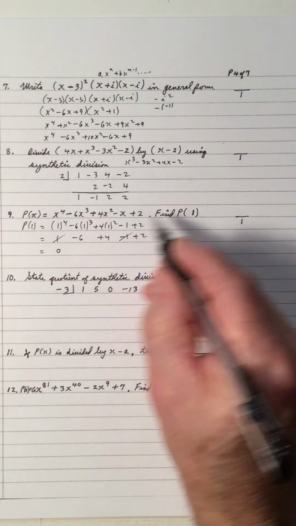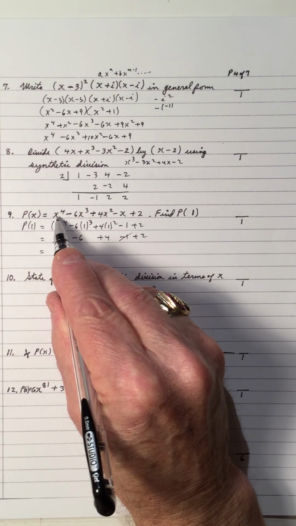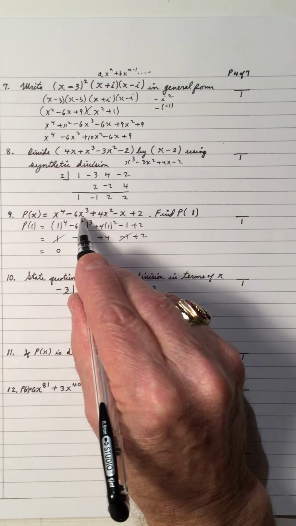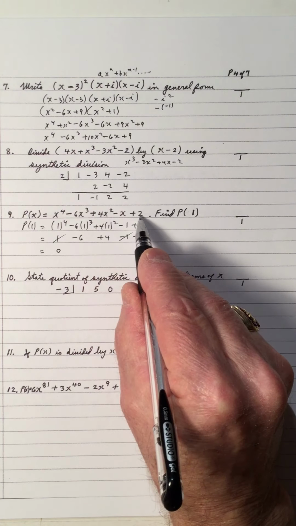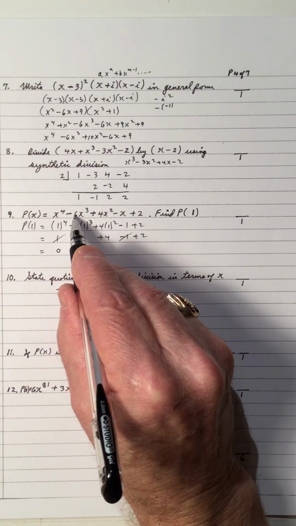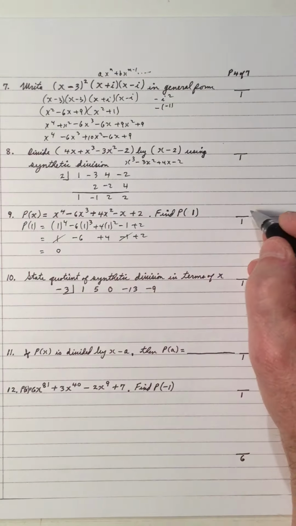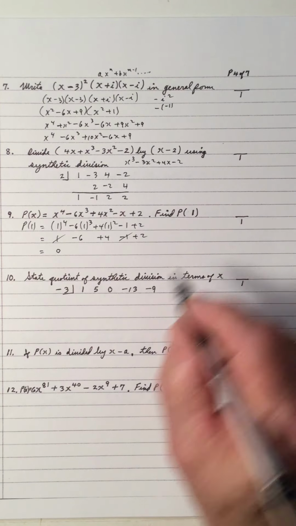And because you're subbing in 1, putting 1 in for x, that means your coefficients are going to add up to 0. So if you add them up, you get 4, 6, 7, negative 6, negative 1, and negative 7, you get a 0. So if you have 0 remainder, you get 1 mark.